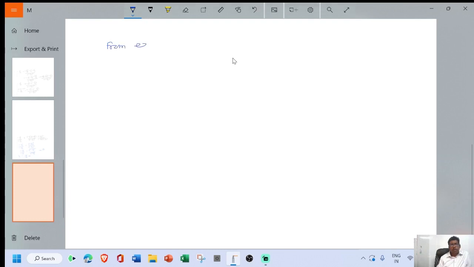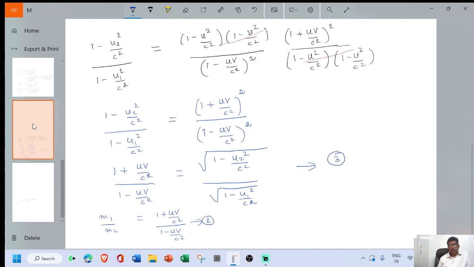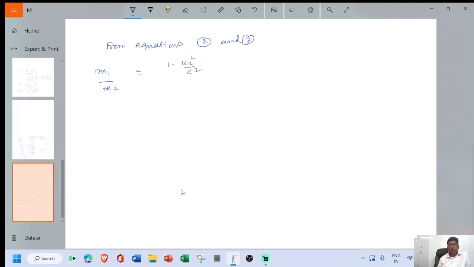From equations 2 and 3, m1 by m2 equal to 1 minus u2 square by c square, see that, 1 minus u2 square by c square inside the root, all divided by 1 minus u1 square by c square inside the root.